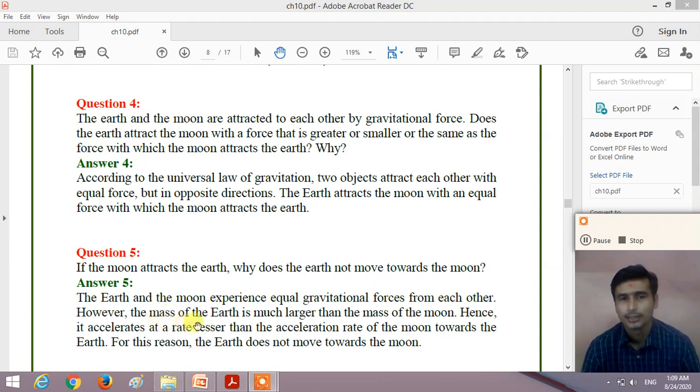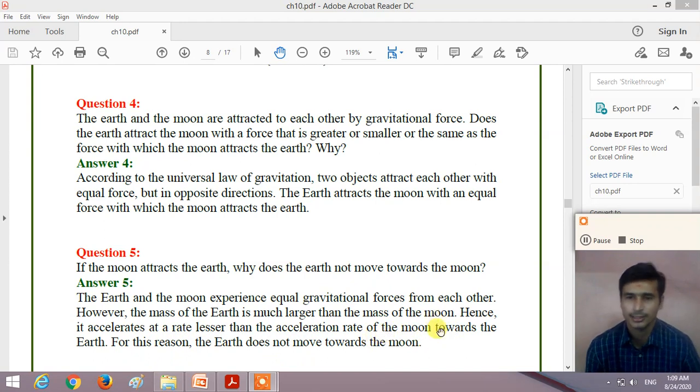But the mass of the earth is much larger than the mass of the moon, and due to this it accelerates at a rate lesser than the rate of the moon.